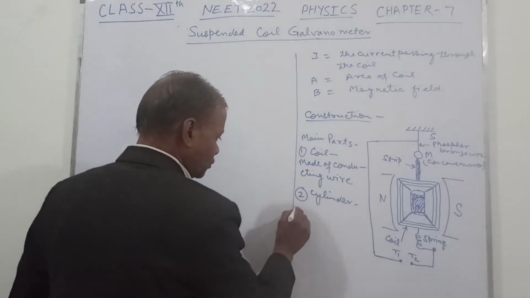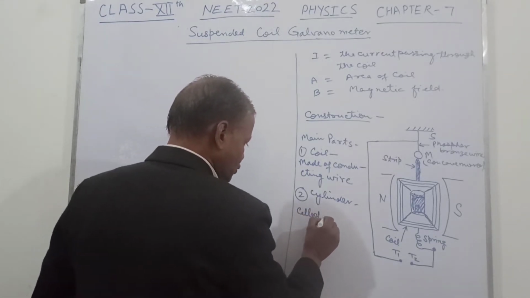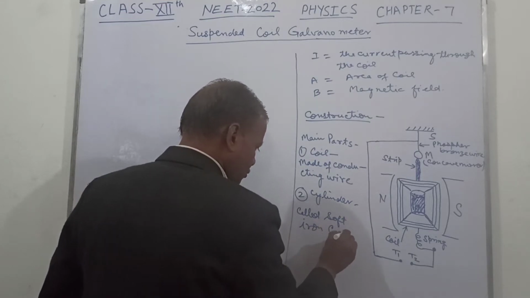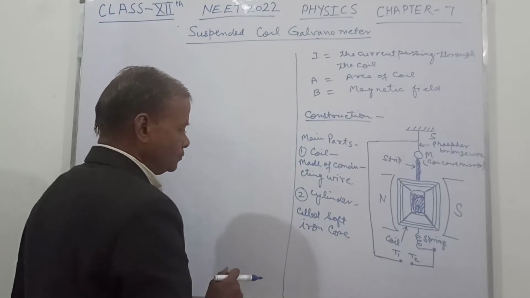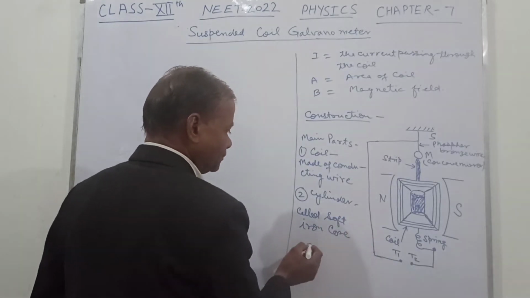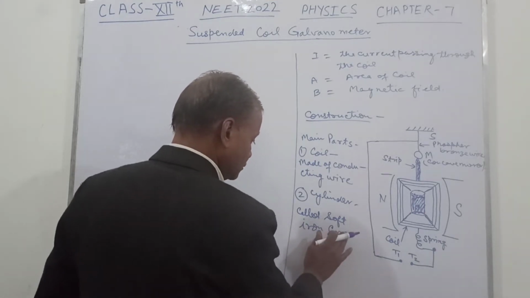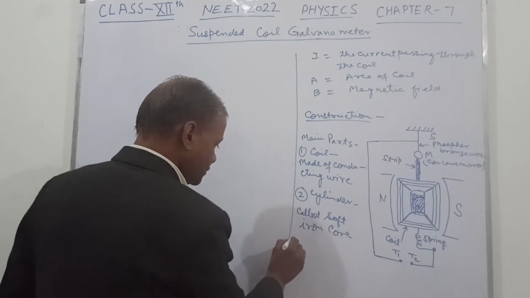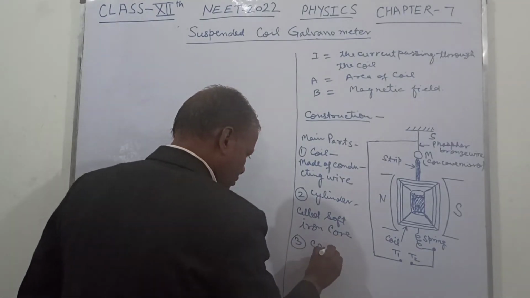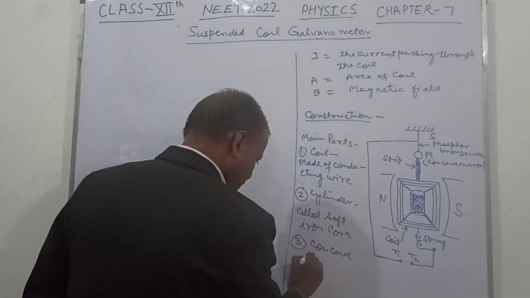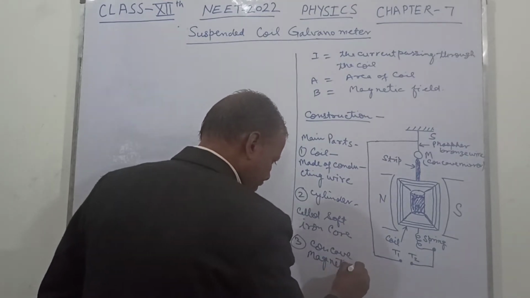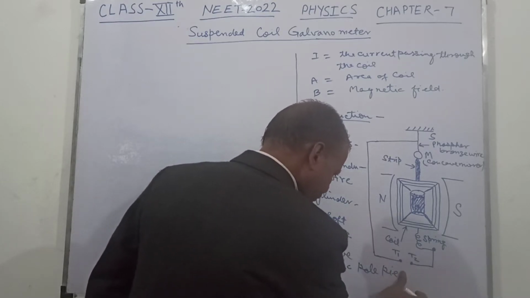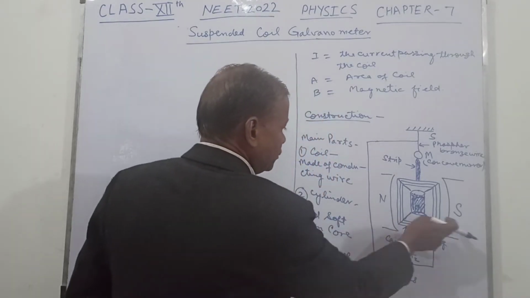This is a soft iron core. And this is the magnetic core pieces, the north and south.